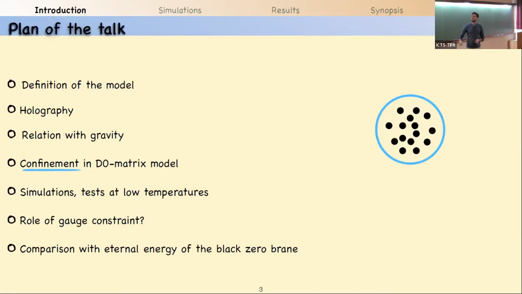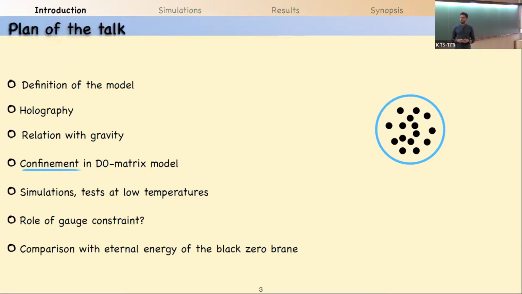In the beginning, I'm going to steal a little bit of glory from Georg and introduce how this model is understood. But I will present it in my own way because I try to think about it intuitively. Then I'm going to describe a phase, which is a confined phase in D0 matrix models, and what this means.